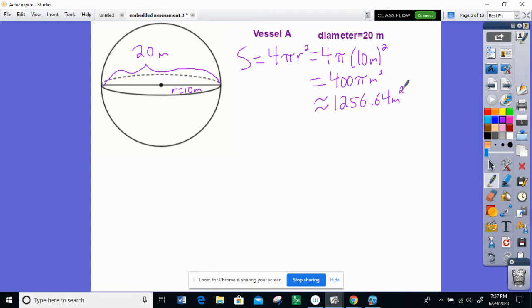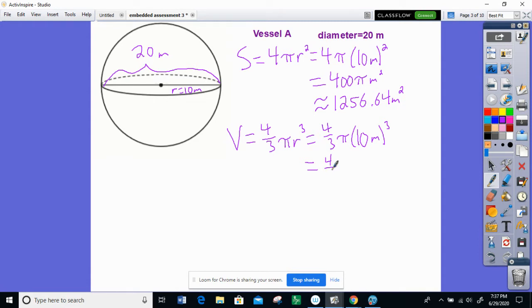So we're going to do the same thing with the volume now. The volume formula for a sphere is 4/3 times pi r cubed. So we're simply going to substitute 10 meters for the radius. Okay, so we'll break this one down a little bit.